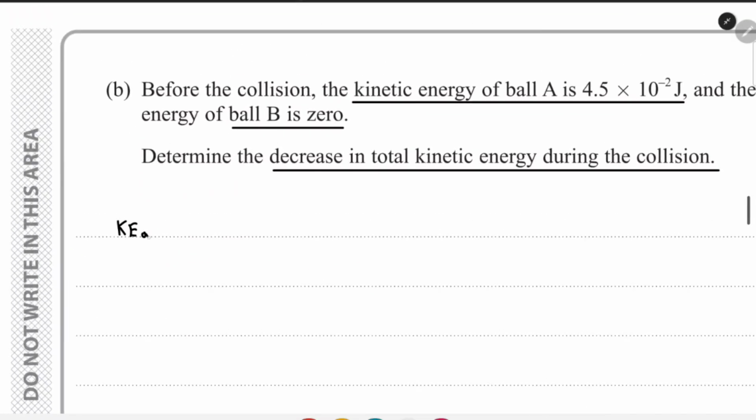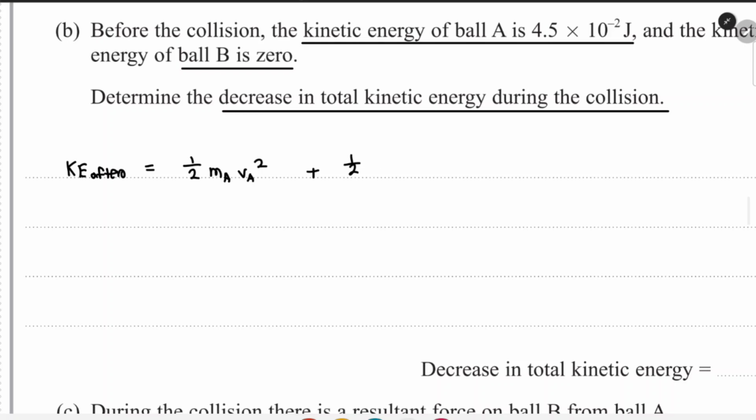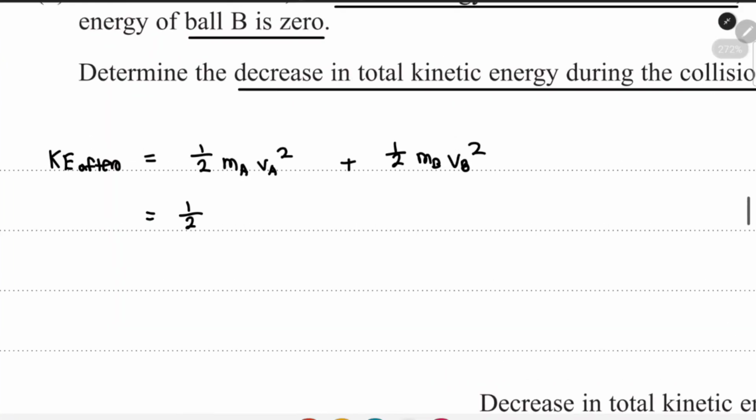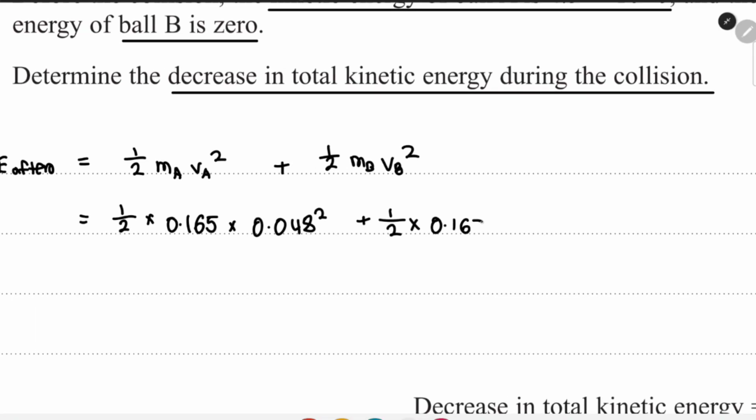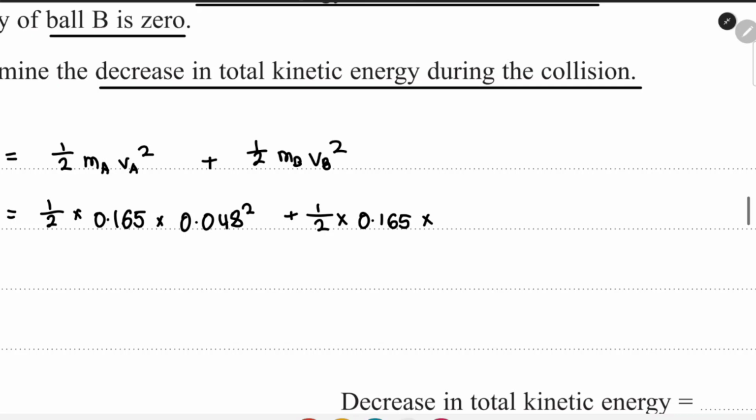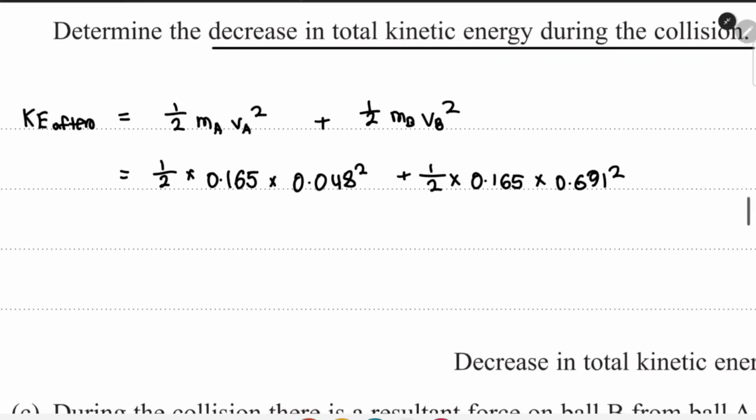So KE after is half MA VA squared, the kinetic energy of A, plus half MB VB squared, the kinetic energy of ball B. So we have half into the mass of ball A, which is 0.165, multiplied by the velocity of ball A, which we figured out in the last question, 0.048 squared, and then half into the mass of ball B, 0.165, multiplied by the final velocity of ball B, which was 0.691 squared.